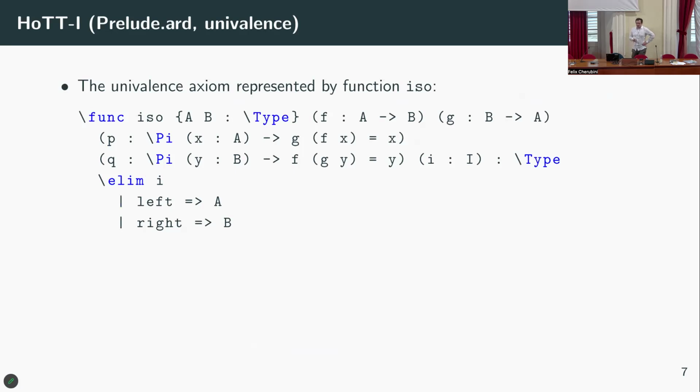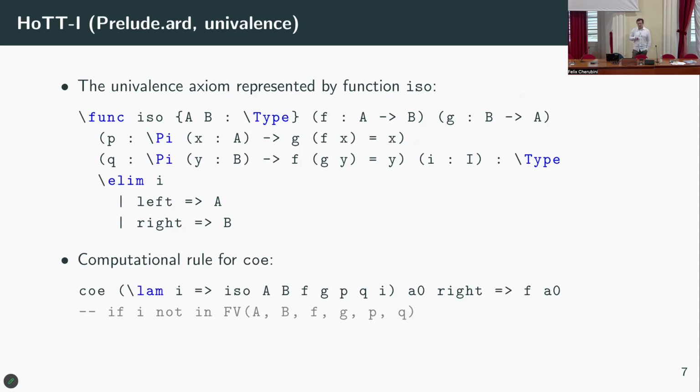And the univalence axiom is just a function iso which converts an isomorphism or equivalence to equality, a function from the interval to the universe.